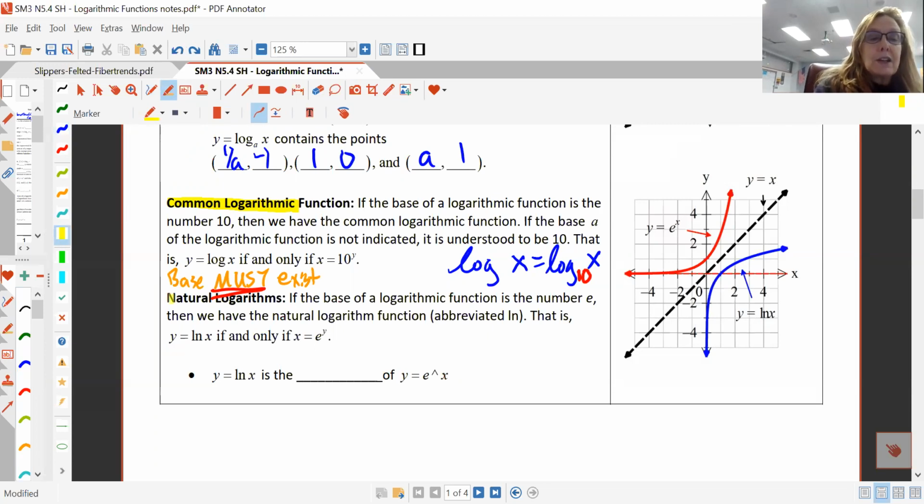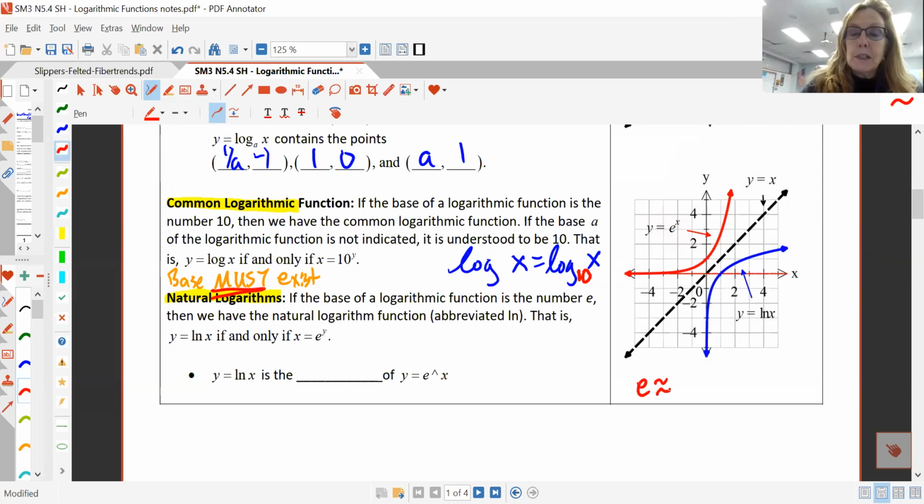Next set is natural logarithm. So here's the thing. We talked about this number E last time, E approximately 2.71828..., because it's a non-terminating irrational number that just goes on forever, like pi.